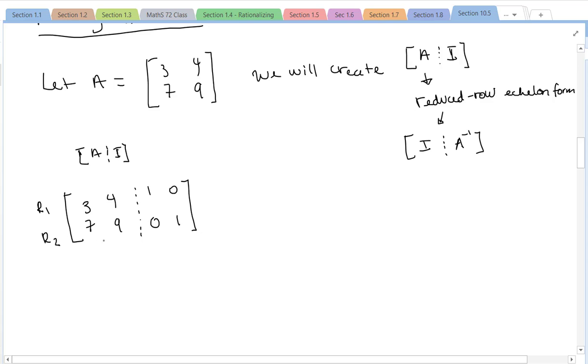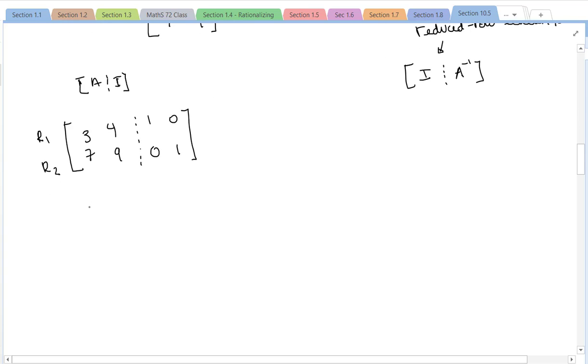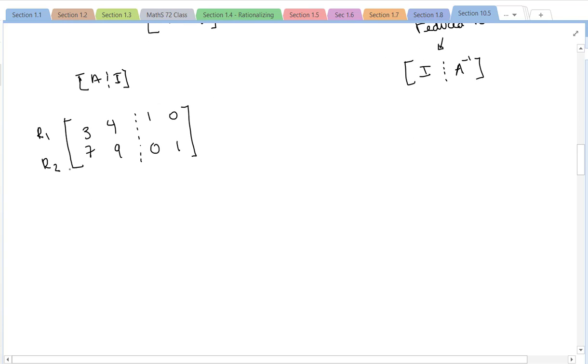So I have row 1 and row 2. Our goal is to turn this into the identity matrix. So I want to make that 3 a 1. How do I do that? We're going to divide row 1 by 3, or you can think of multiplying it by 1/3. So 1/3 times row 1 will yield the new row 1.